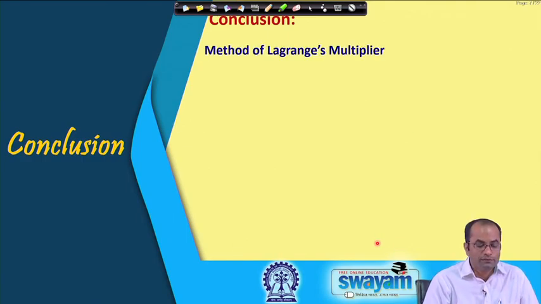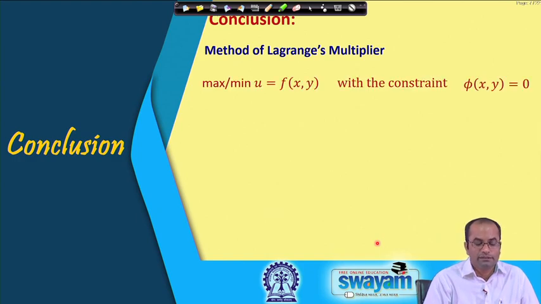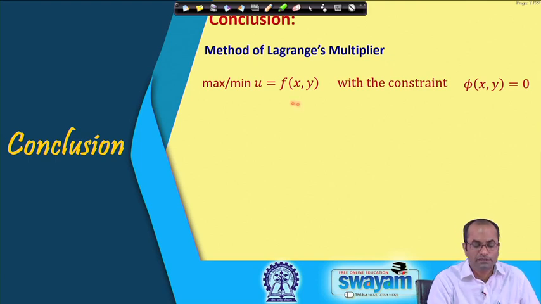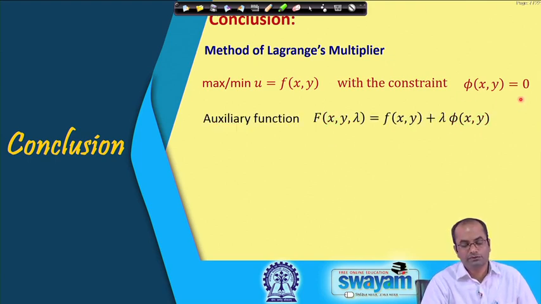So, conclusion now. The method of Lagrange multiplier is that we want to find the maximum or minimum of a function here f of x y with some given constraint.